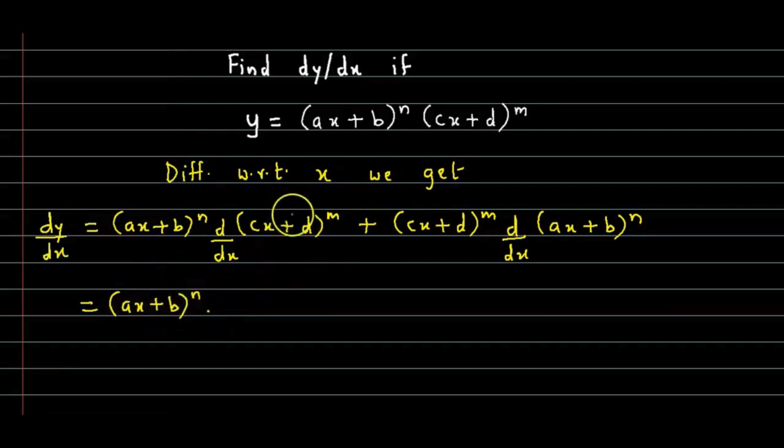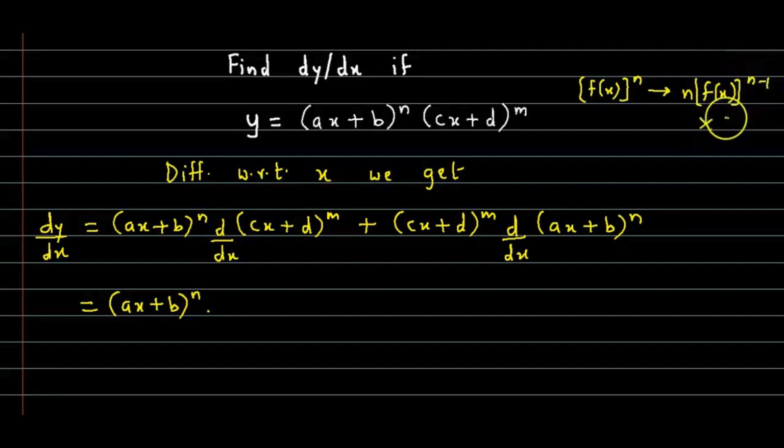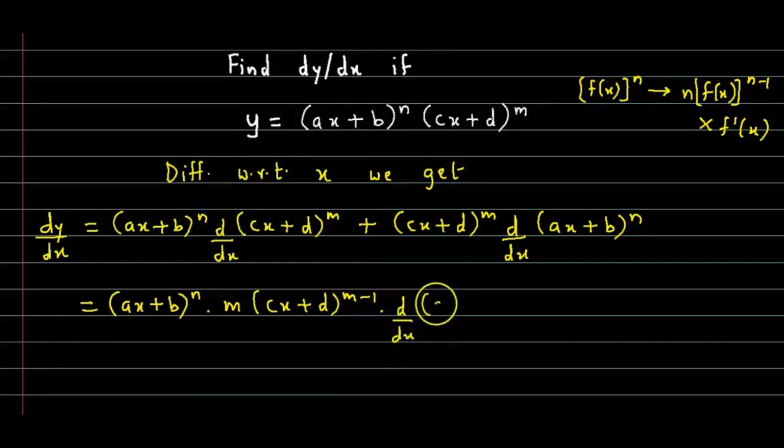Now here we will use the chain rule. This is f x raised to n form, and we know that the derivative of f x raised to n, if we use the chain rule, becomes n times f x raised to n minus 1 into the derivative of f x. So we use the chain rule on this part, so this will be m into cx plus d raised to m minus 1 into the derivative of cx plus d.